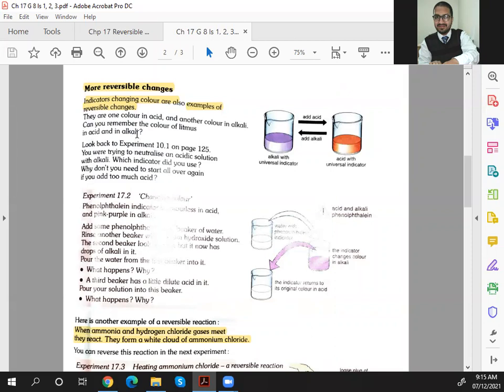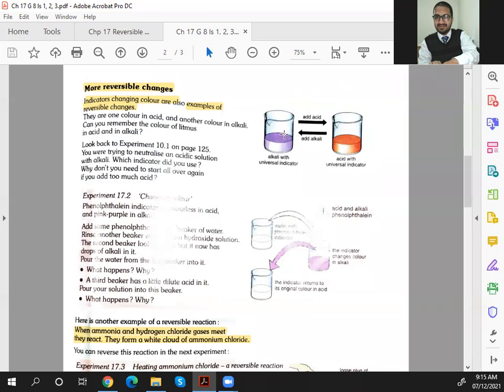If anybody knows, please type in chat. Look at experiment 10.1 on page number 125. You are trying to neutralize an acid solution with alkali. Which indicator did you use? Why don't you need to start all over again if you add too much acid?